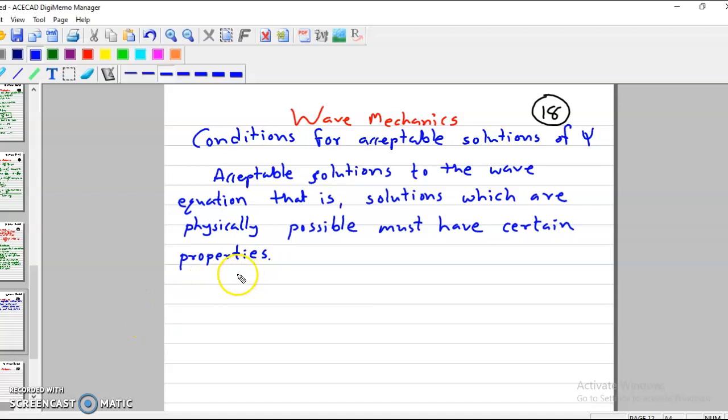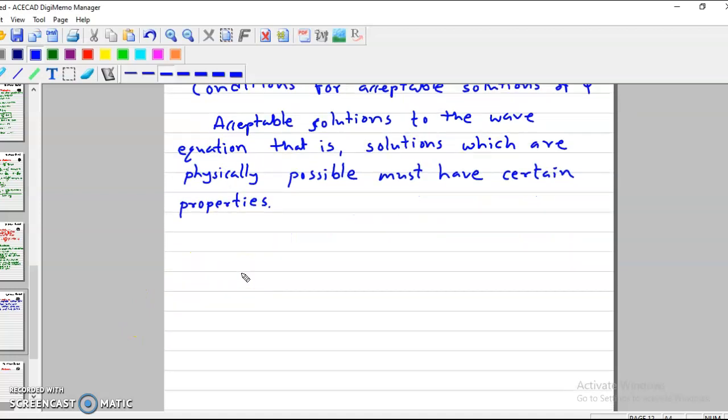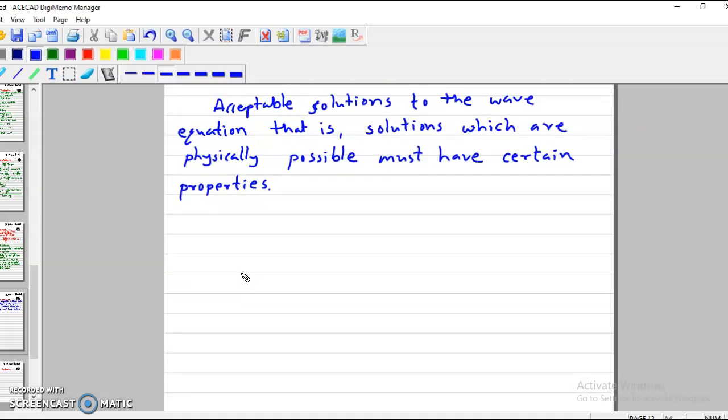Okay, so without conditions, we cannot accept these solutions. So what are the conditions then?